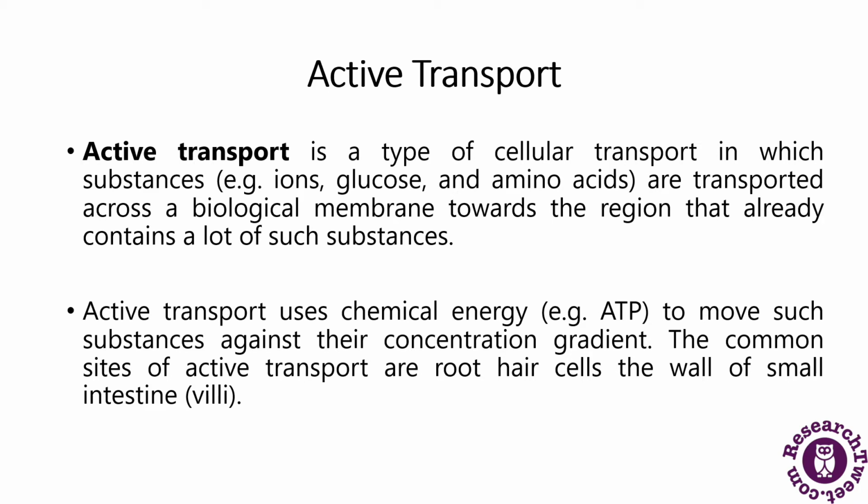It was also shown in the diagram that it uses ATP as a chemical energy to move such substances against their concentration gradient. So the common sites of active transport are root hairs and the walls of the small intestine. So these are the examples of active transport.